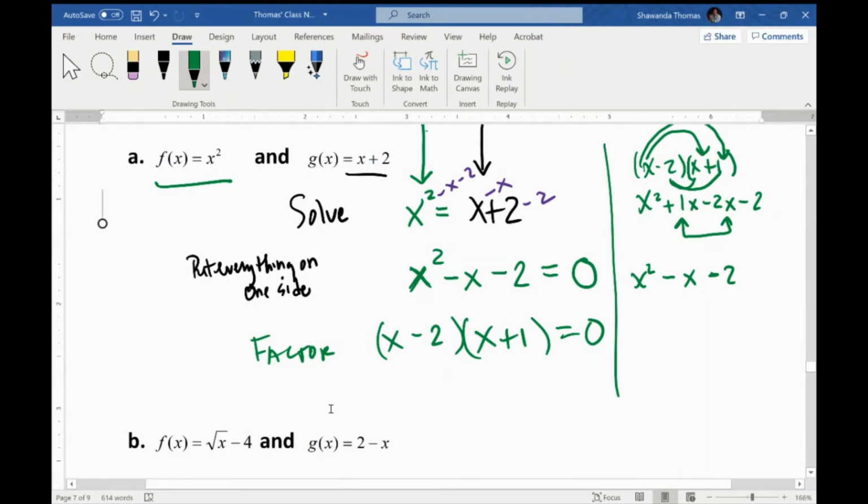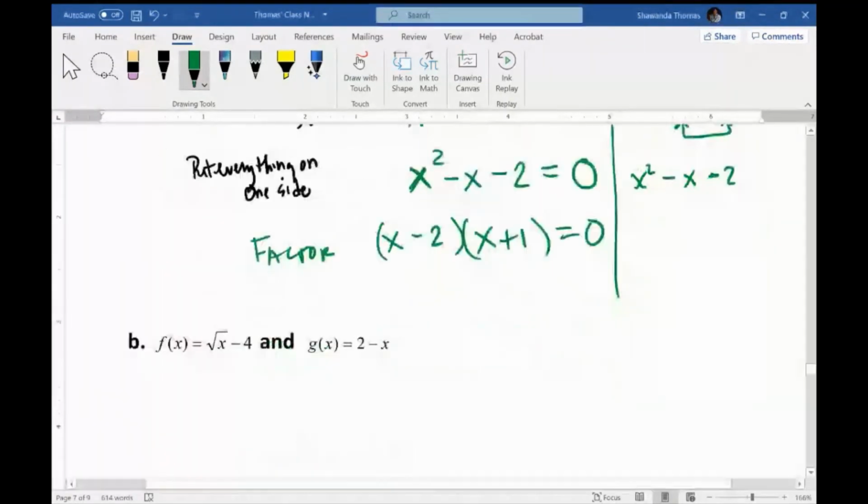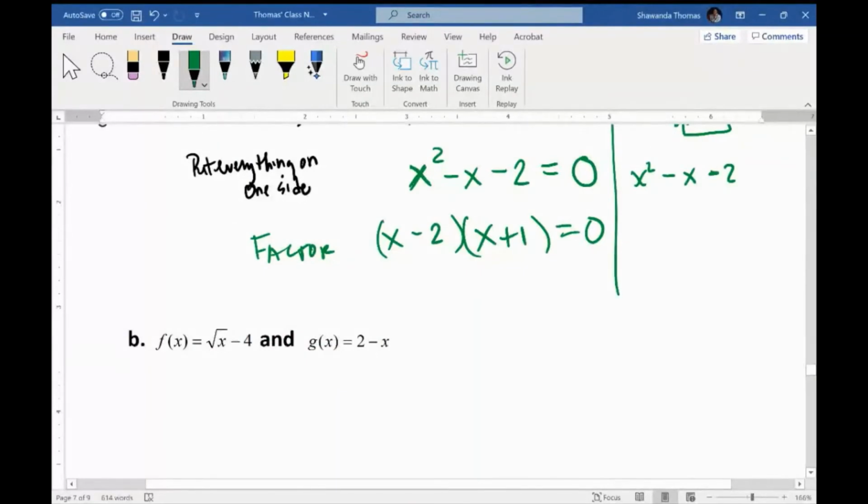That middle is taken care of just as long as you do the AC method, which is just figuring out what numbers will multiply to give you negative 2 and add to give you negative 1. That middle will take care of itself if you just follow that little trick. All right, next step.